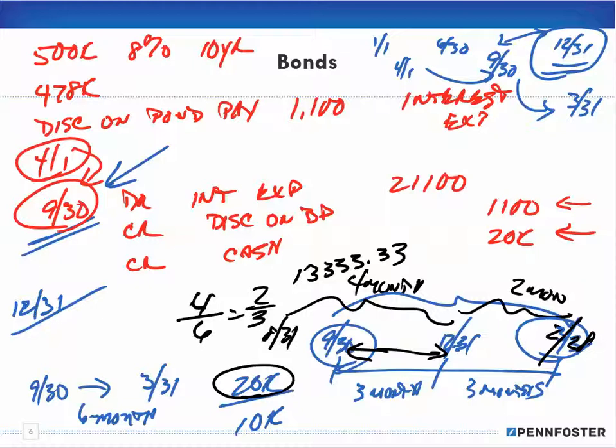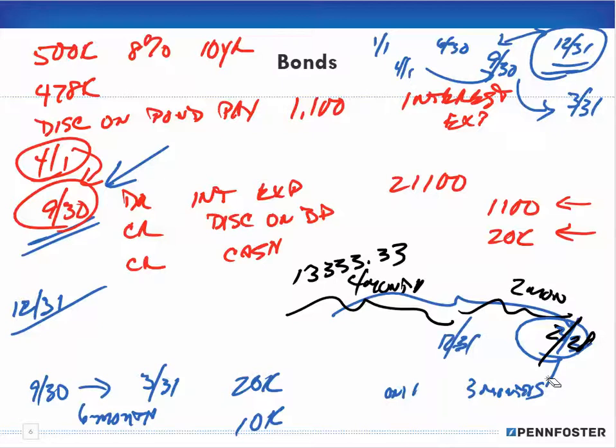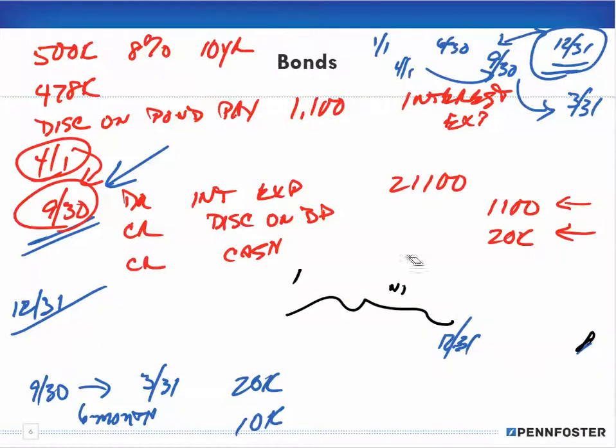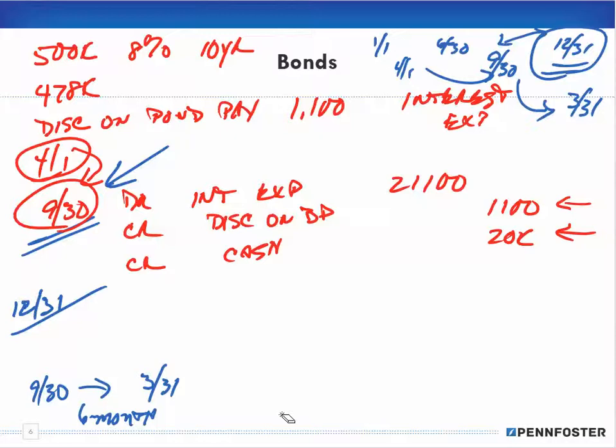So basically, let me erase all of that because it's getting messy, and then just recap it real quick here. Rarely do you have your interest payment occur on the last day of the year. And of course, at the end of the year, you're going to have to make some type of adjusting entry.